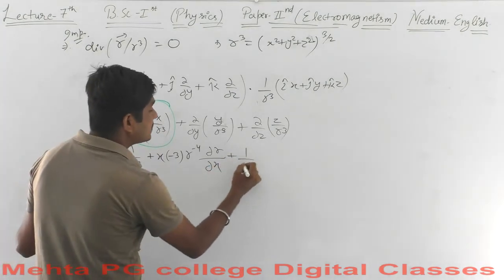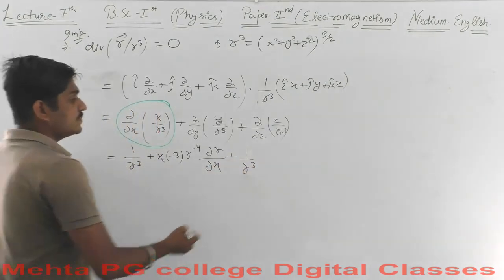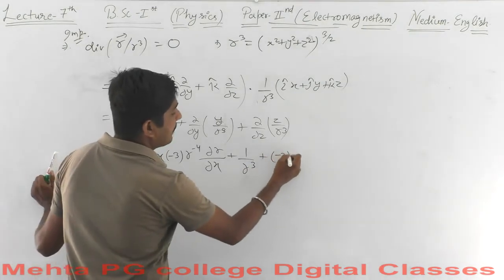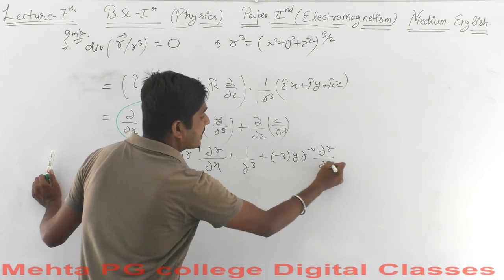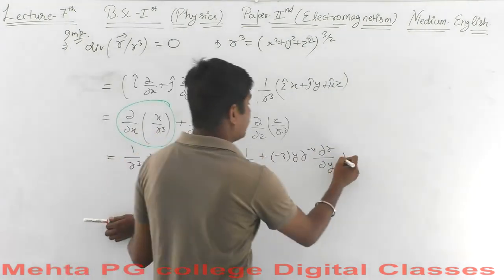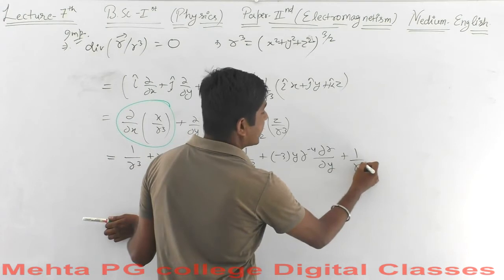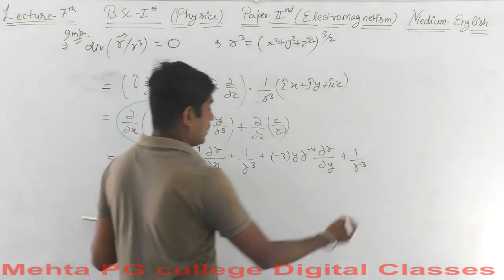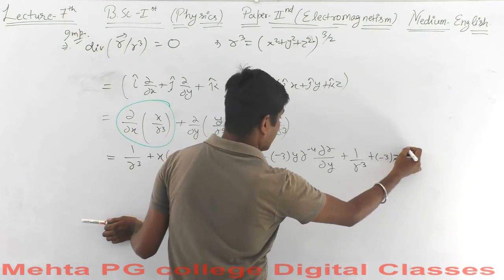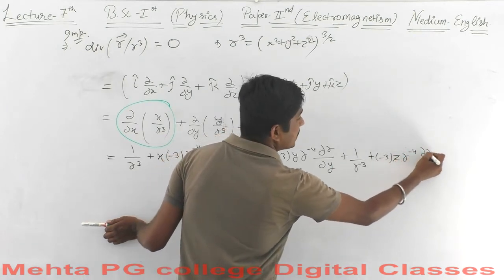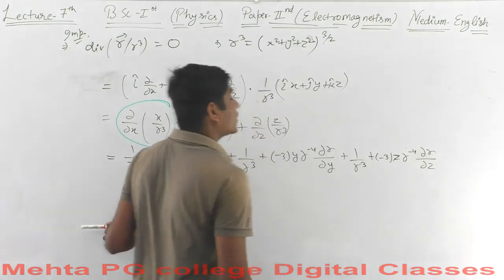For the second one, again it is 1 over r cube plus minus 3 into y into r raised to power minus 4 curly r over curly y plus 1 over r cube again minus 3 z r raised to power minus 4 curly r over curly z.